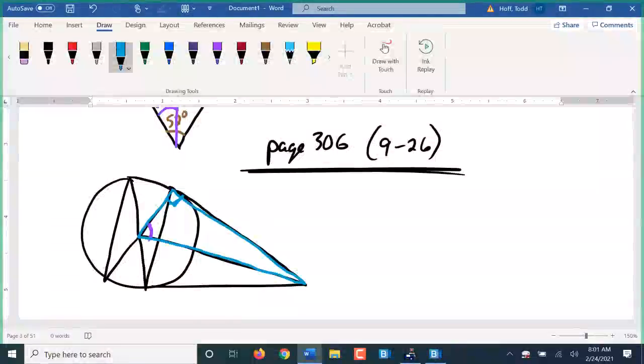If I can't solve everything with just that triangle, I might expand to include this triangle. Then I know that these two sides are equal. That might help me out.